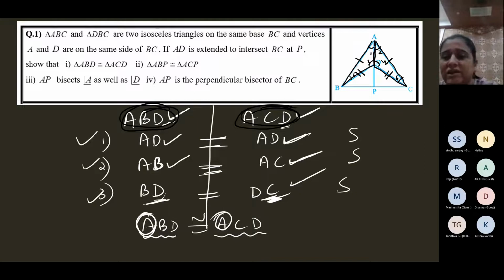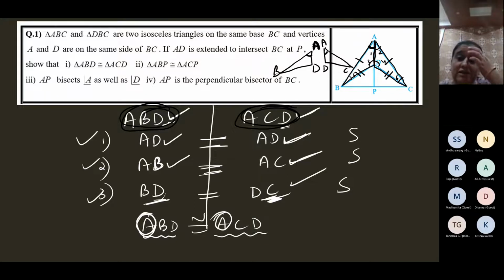Only this portion is angle A. This full thing is not A. In triangle ABD, see the triangle separately, only this one is A. This angle A of the first triangle is equal to the angle A of the second triangle, which is ACD. Take the triangle separately and see ADC.